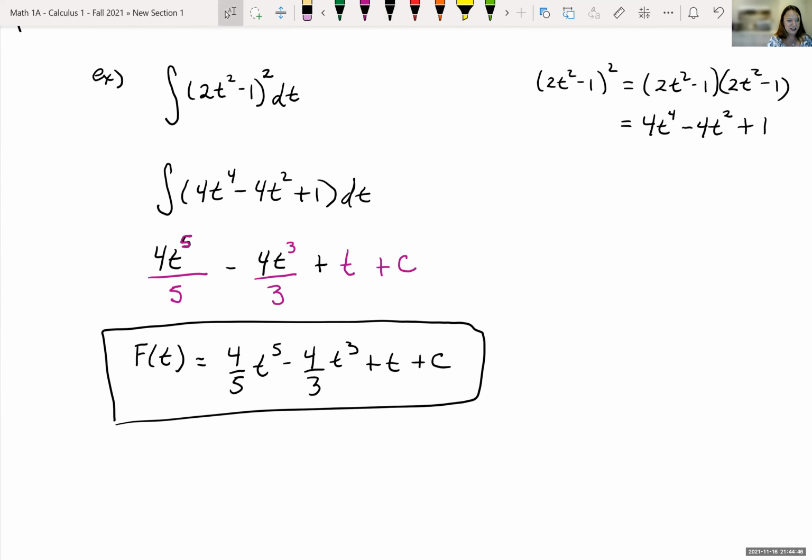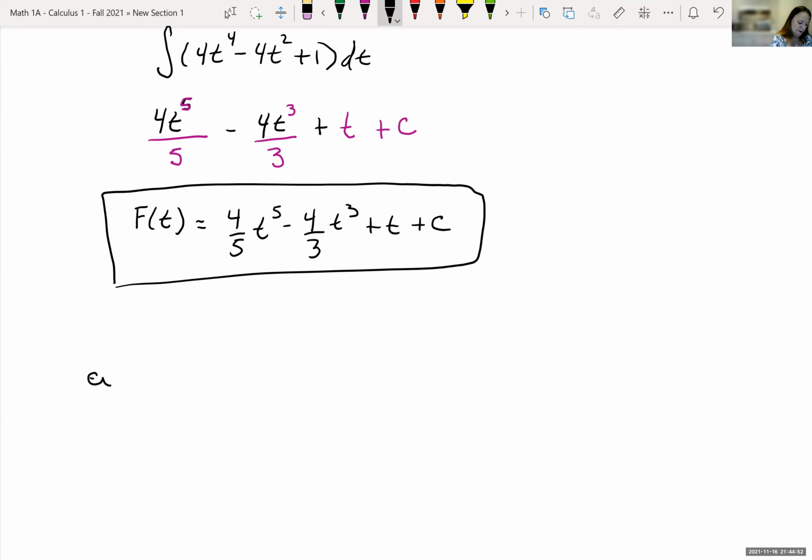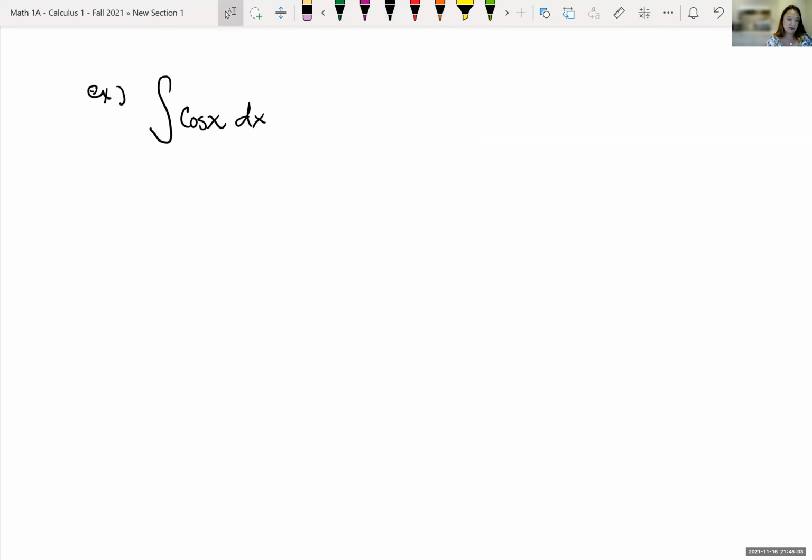Okay, let's throw a trig in there because I know how much you guys love the trig. Well, let's say you wanted to take the antiderivative of cosine of x.